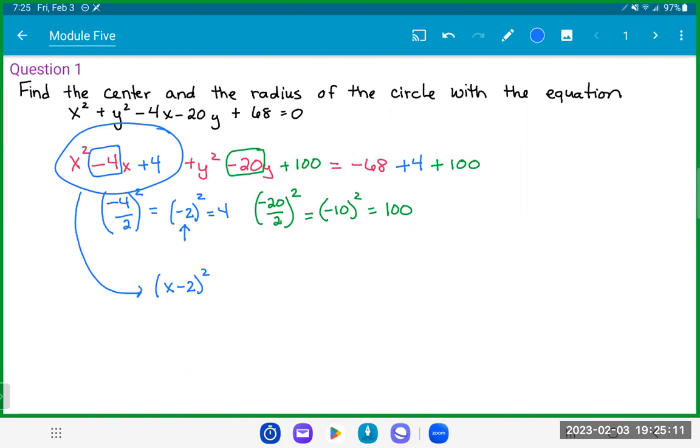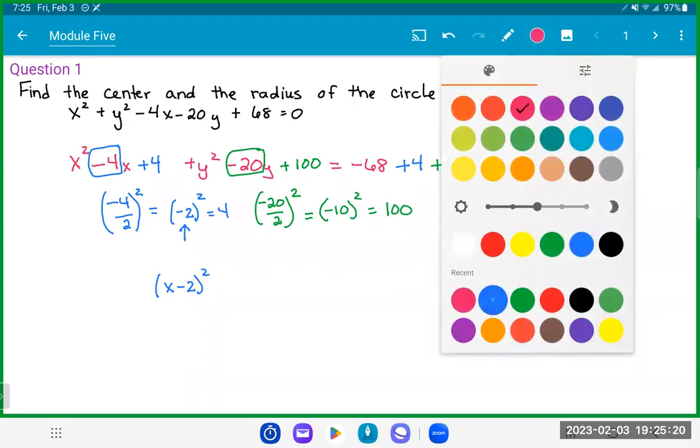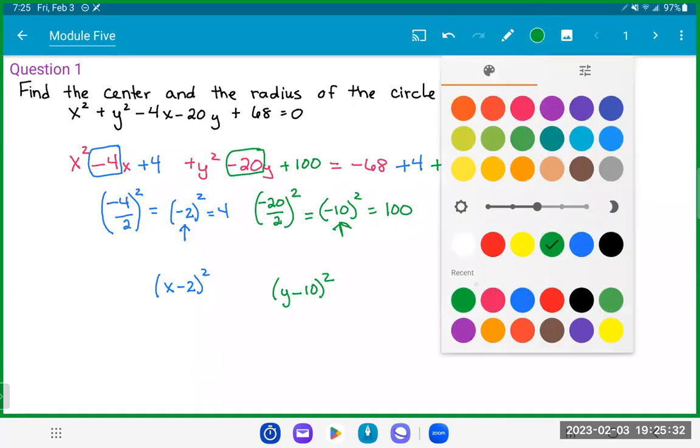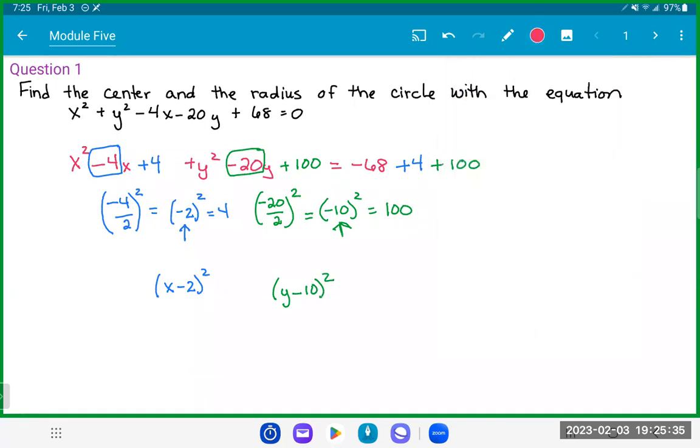And that's the whole idea of completing the square, to give us that perfect square, okay? We can similarly do the same here, right? This -10 tells me that I have y minus 10 squared, okay? And so that is our whole equation here.